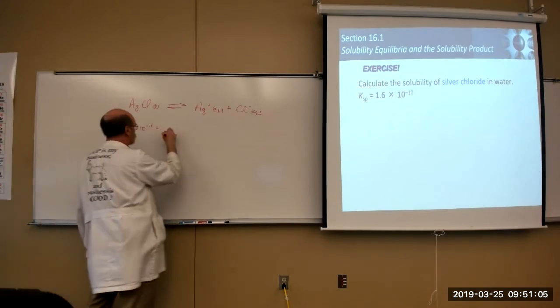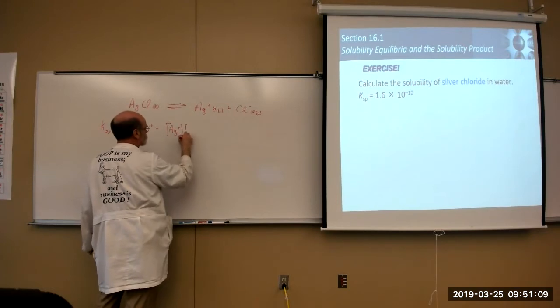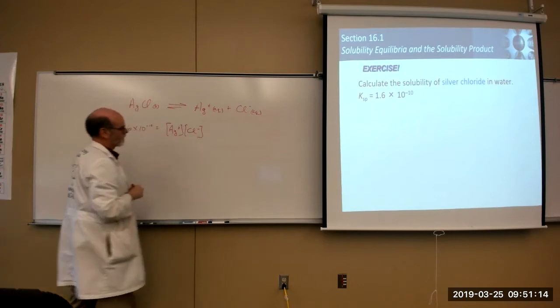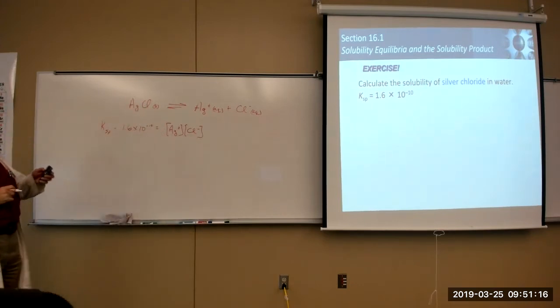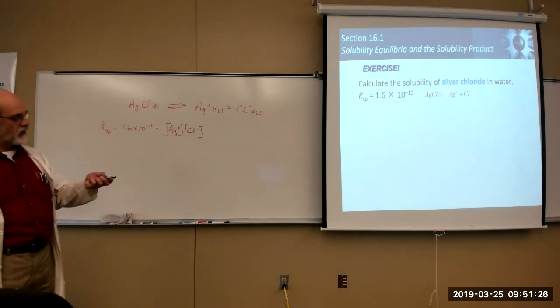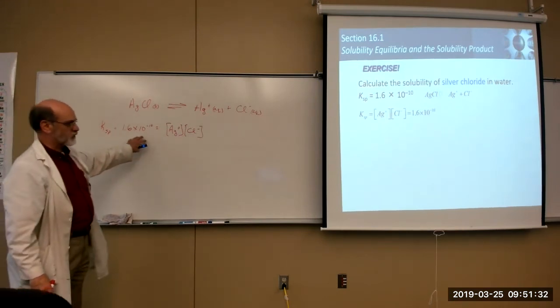And that equals the equilibrium concentration of that one times the equilibrium concentration of this one. Okay. Here we go. So there's our, well, that's supposed to be a double barb arrow. So there's our equilibrium expression.